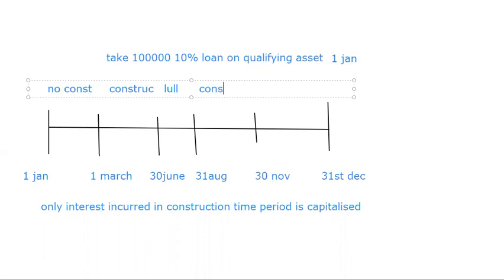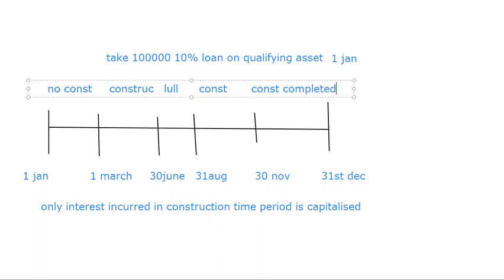Their construction time period, to 30th November. And on 30th November, construction completed. That means for last month, there was no construction again.